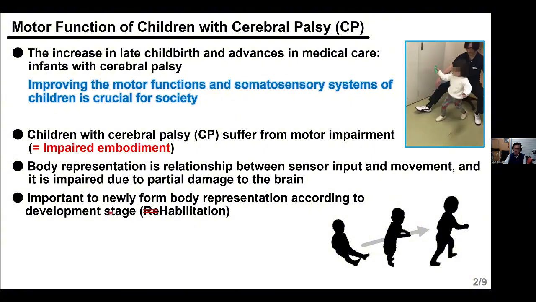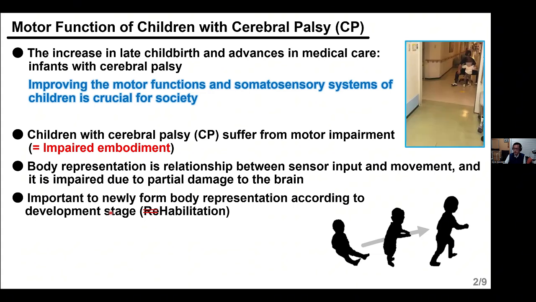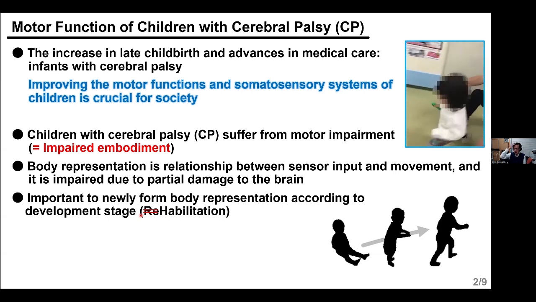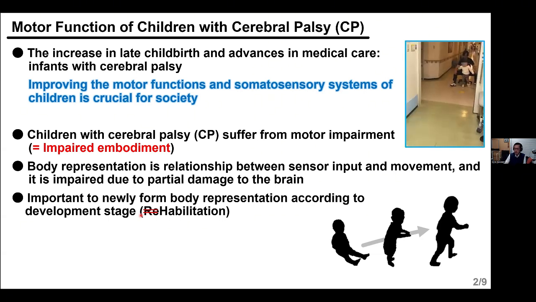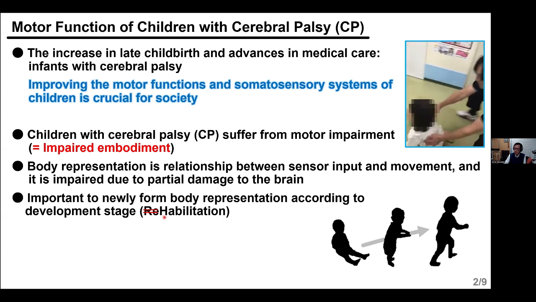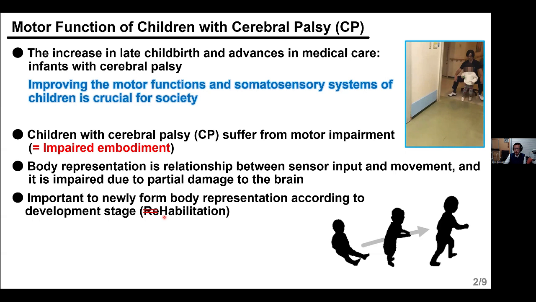However, rehabilitation for this kind of children is very different from the adult. For adults, like us, we already developed the body representation in our brain, and we have to relearn it after brain injuries. But children with CP have less experience in standing and walking, therefore they have to build a new body representation.